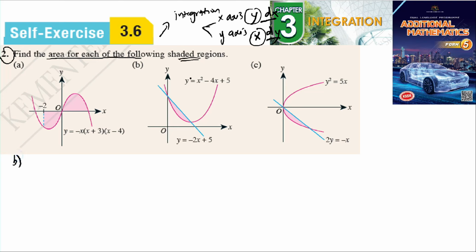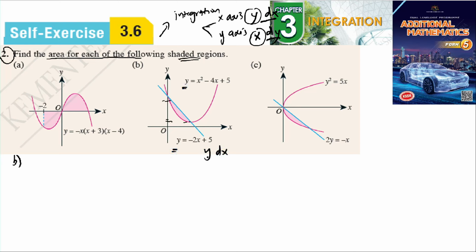So for B, there are two ways you can do it. You can calculate using the y-axis or the x-axis, but I prefer to use the x-axis. Why? Because with the x-axis it is y dx, and you already have the value of y.